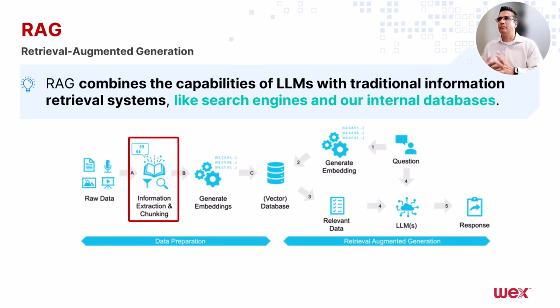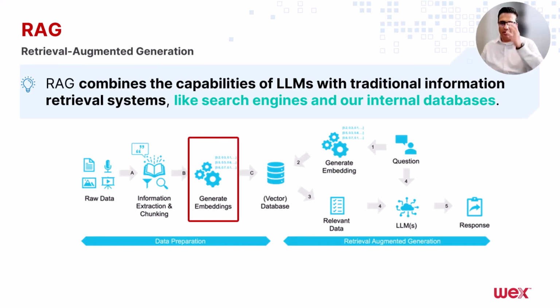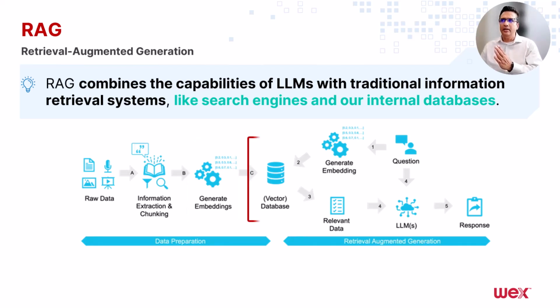Or you can say this 15-page document can be chunked into 30 different chunks. And chunk is just one specific size of the information of your documents, of all your information. You chunk that information, and then for each of those, you generate embeddings. Embeddings, you already know, are a set of numbers that represent certain information. And then that information is put in vector database.